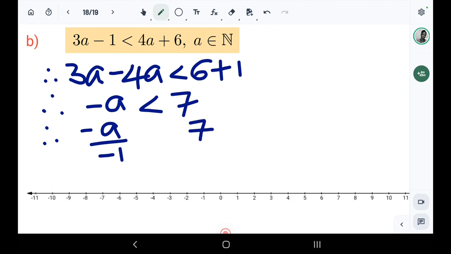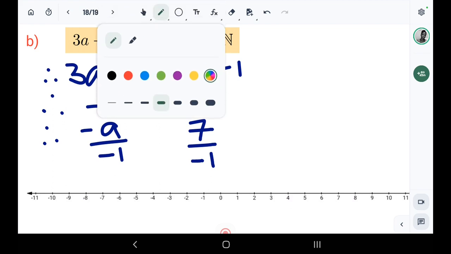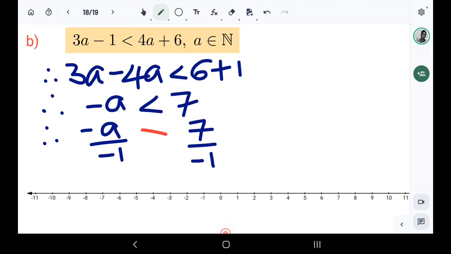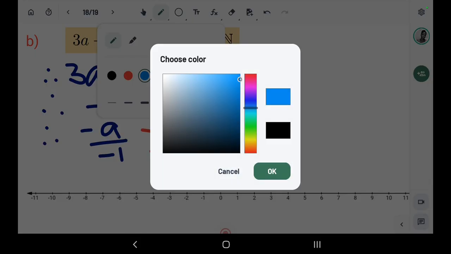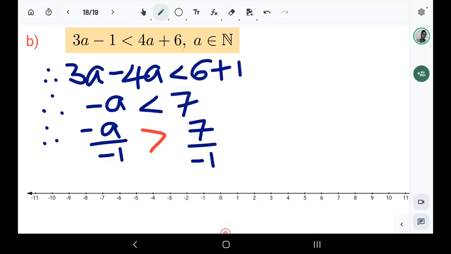But remember, whenever you divide or multiply by a negative number in an inequality, your inequality sign changes. So that becomes greater than instead of the less than you started with. Therefore, our a is greater than negative 7.